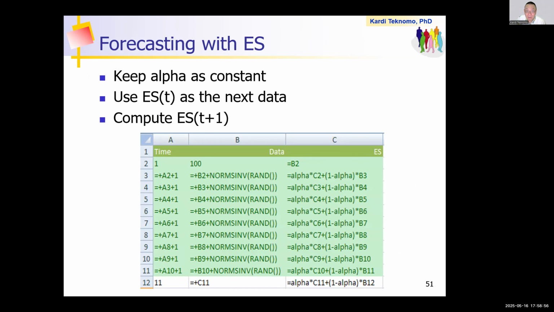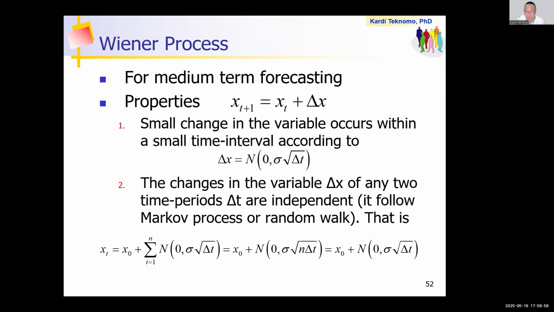Another way, for medium term, is to use the Wiener process. Instead of just smoothing, which means you want to smooth the random values, now you start to assume a certain trend.